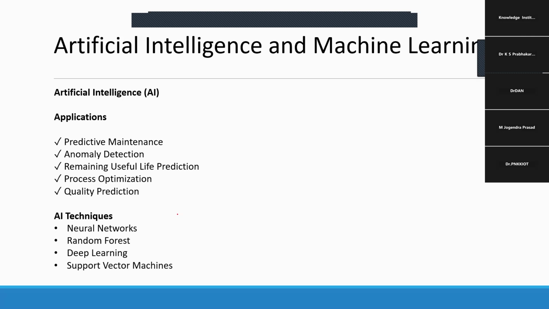A traditional system can tell us only what is happening, but AI helps us understand why it is happening and what is likely to happen next. We can analyze large data sets to identify hidden patterns and relationships between the process parameters.